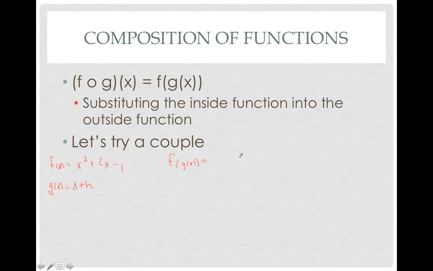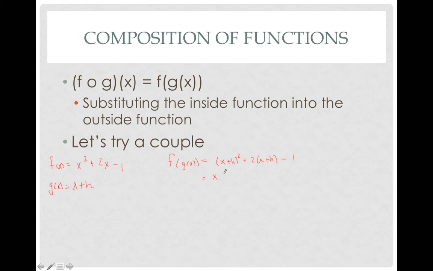I would take the x plus h and plug it in for x in f. So this becomes x plus h squared plus 2 times x plus h minus 1. We can FOIL all of this and combine any like terms. Actually, I don't think there's going to be any at all.